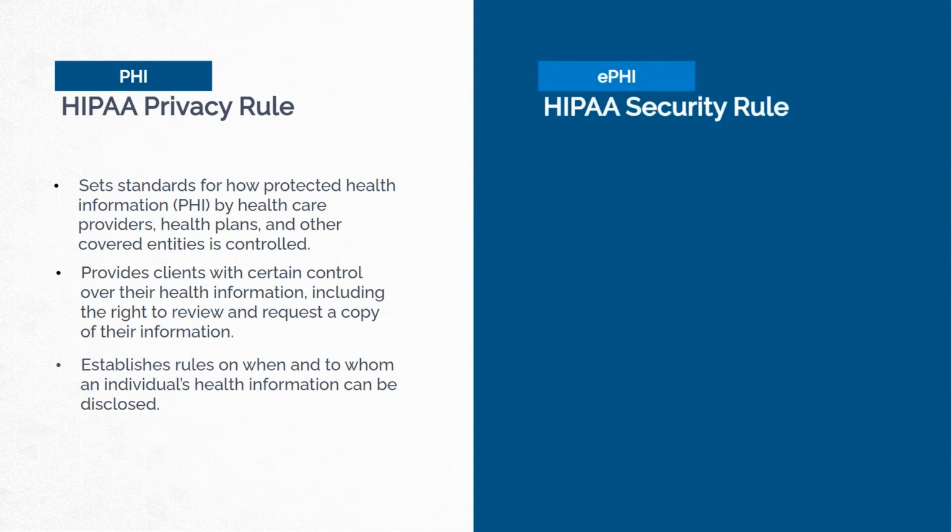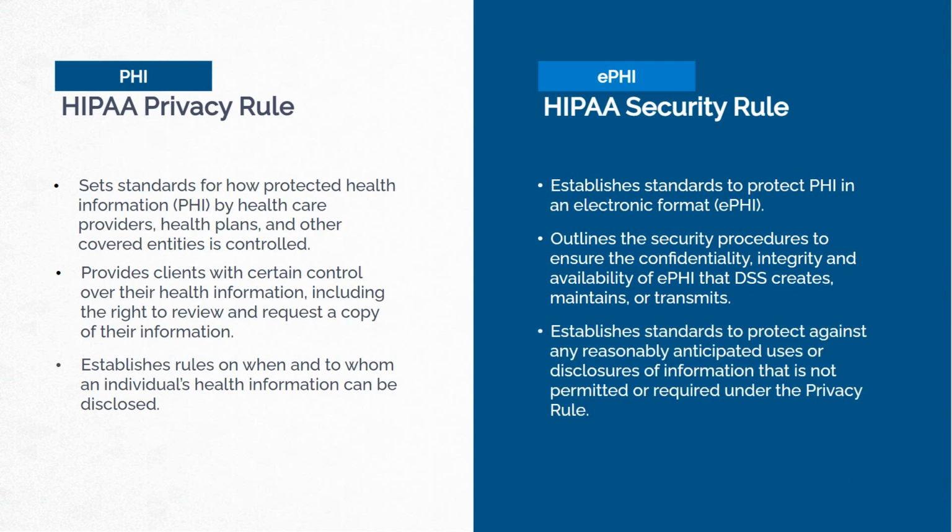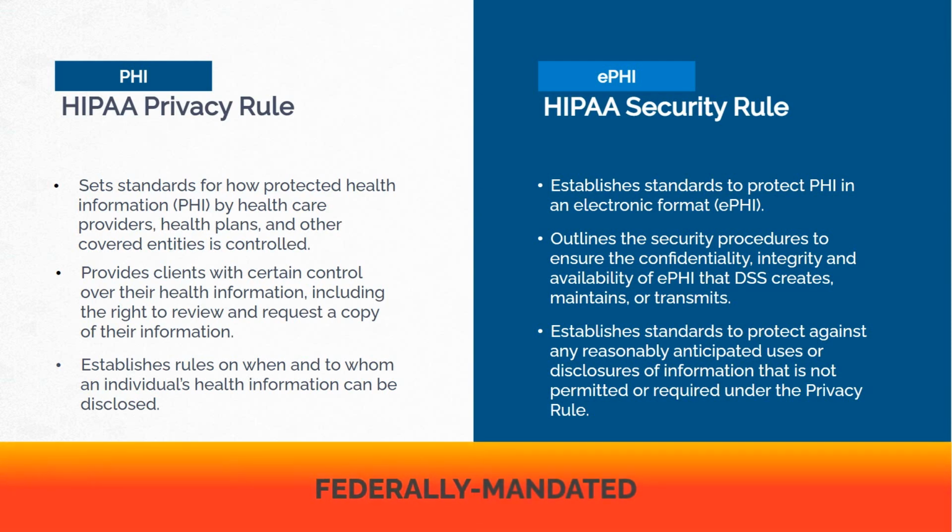The HIPAA security rule sets the standards for protection of PHI in an electronic format known as ePHI and outlines security procedures to maintain ePHI that we create, maintain, or transmit. It also establishes the standards to protect against any anticipated uses or disclosures of information that's not permitted or required under the privacy rule discussed earlier. HIPAA is mandated by the federal government.